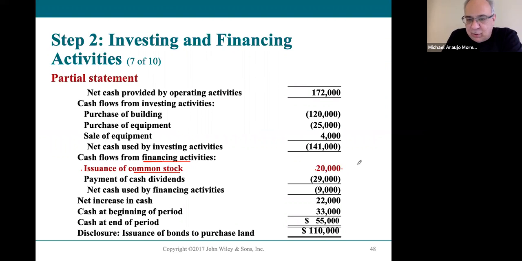That's a positive number only because it's cash coming into the company. They paid cash dividends. Again, that's the stockholders, so it's a financing activity, but it's cash going out. Those are the only two financing activities they have. So they ended up using $9,000 more of cash for that.